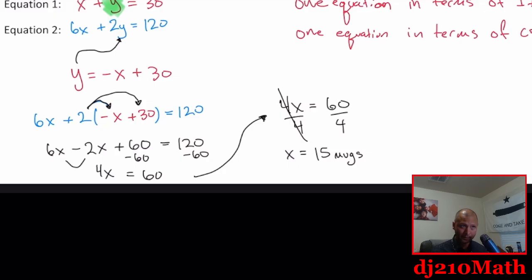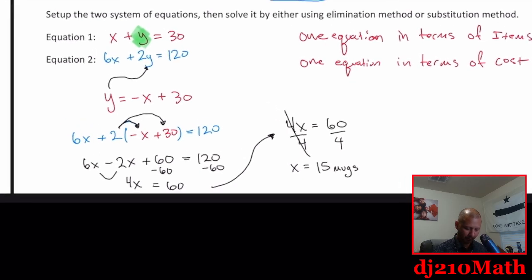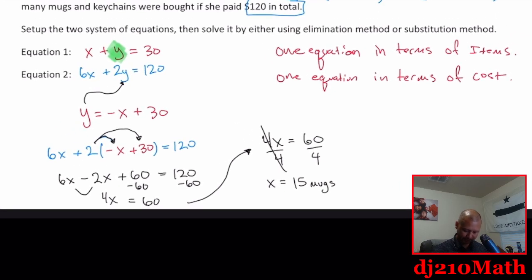So now we have to figure out how many keychains she bought. So let's plug in x. You can plug it into either one. It really doesn't matter. The original one would have worked also. 15 plus y equals 30. It doesn't matter which one you do.